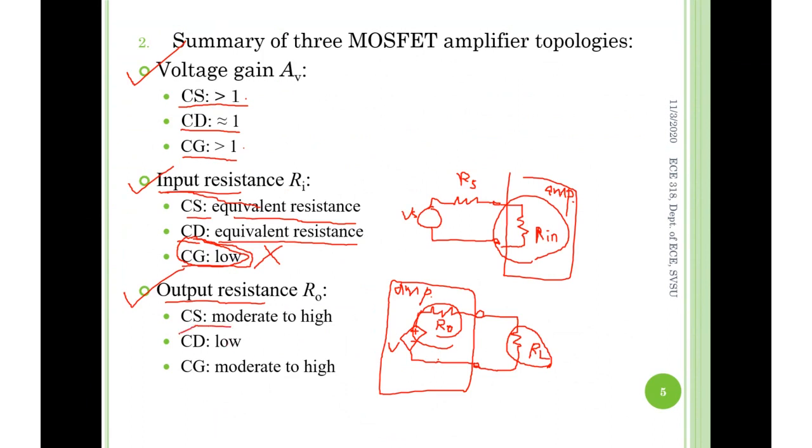Common drain is a good output stage for an amplification system. The lower the better, and common drain is the good one. Common source, not that good. Common gate, not that good. Common drain is good.